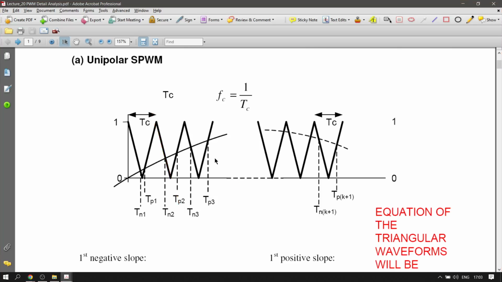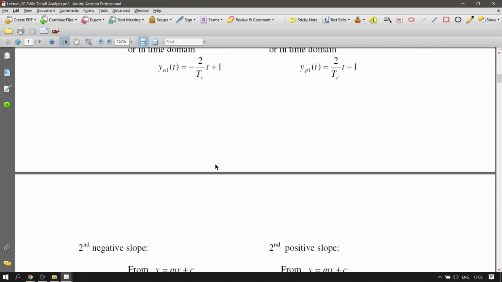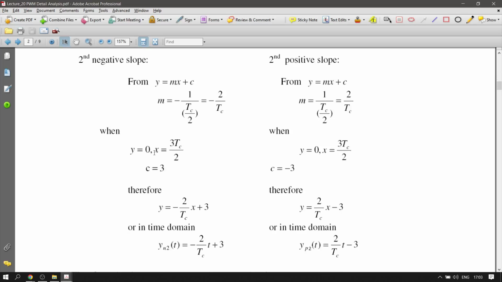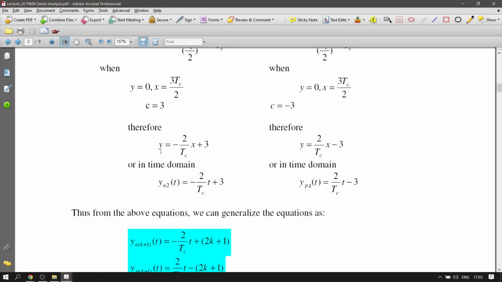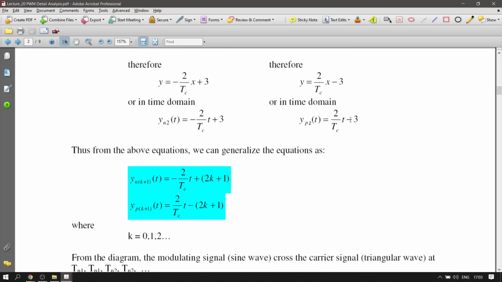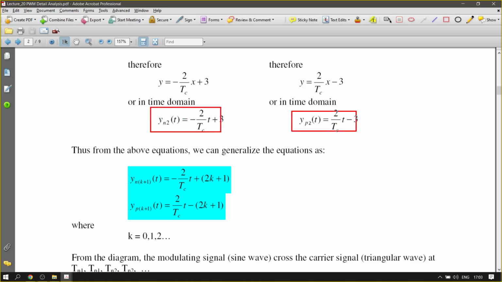I hope it's self-explanatory, you can look back. It is the same: you find its m, find its c, and then you get its equation, yn2 equals minus 2 over TC t plus 3. For yp2, the second positive slope, you get yp2 equals 2 over TC t minus 3. Therefore, from the above equations, we can generalize. If you do one, two, three more, you will get a pattern, and you can generalize the equation.